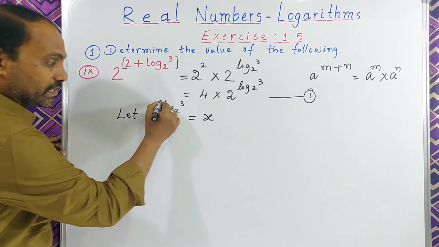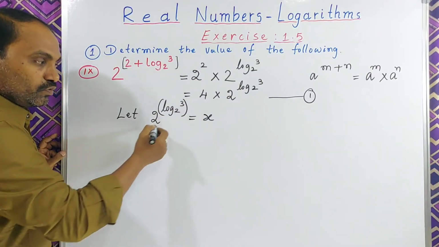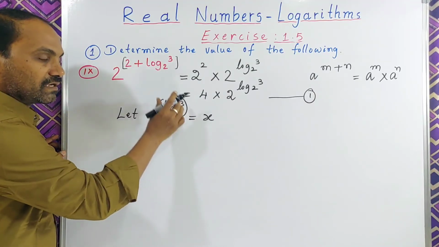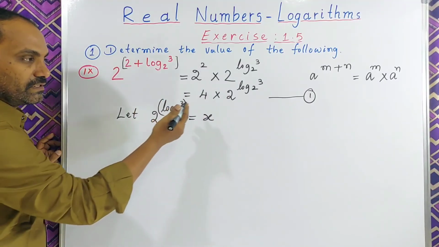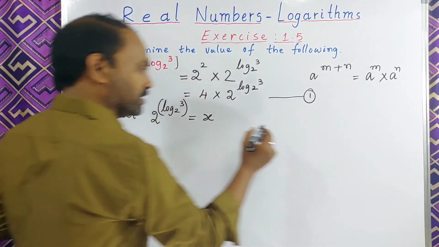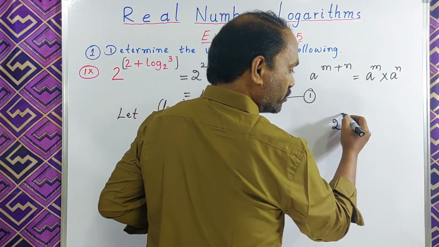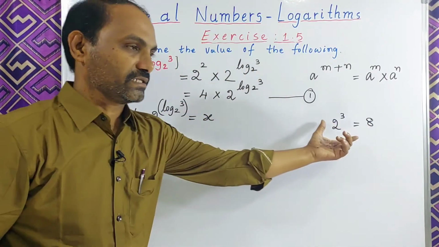Again here also it is exponential form, remember that 2 power something is there, and the log is the exponent, equal to x. Like I already explained previously, 2 cube, for example, is 8.